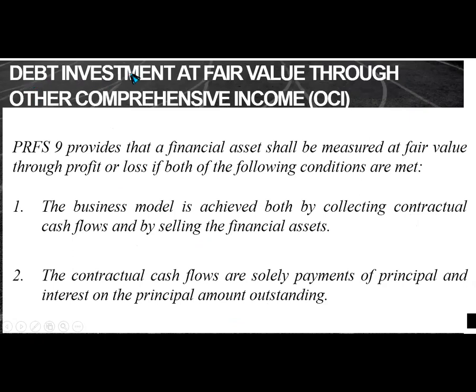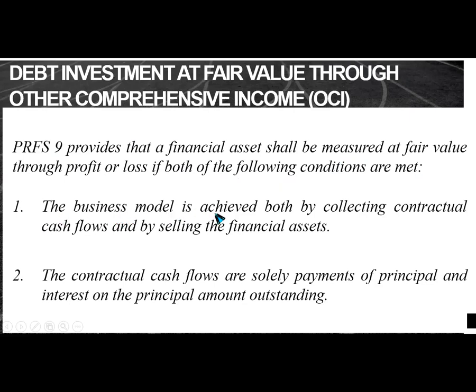Now, what about debt investment at fair value through OCI? Again, class, usually debt investments are at amortized cost. But there are also times when we can classify them at fair value through other comprehensive income. So when is that? PFRS 9 provides that a financial asset shall be measured at fair value through OCI if both of the following conditions are met.